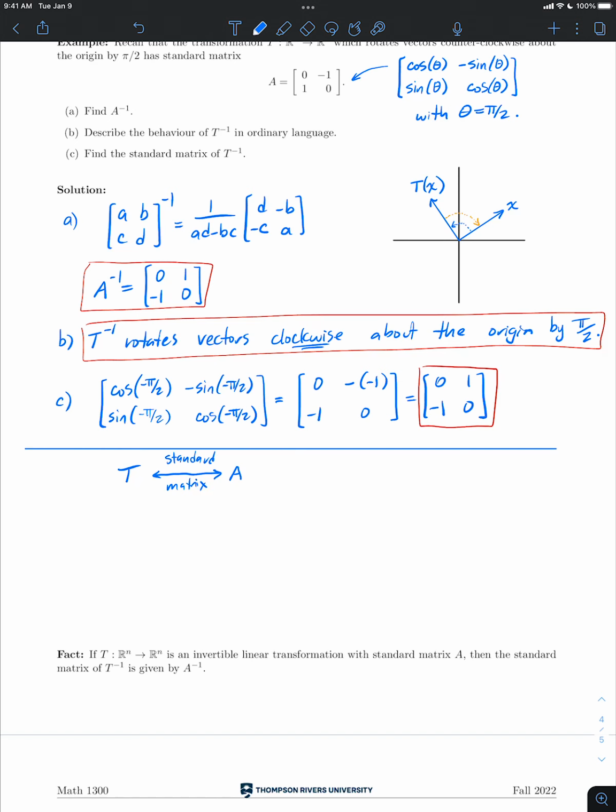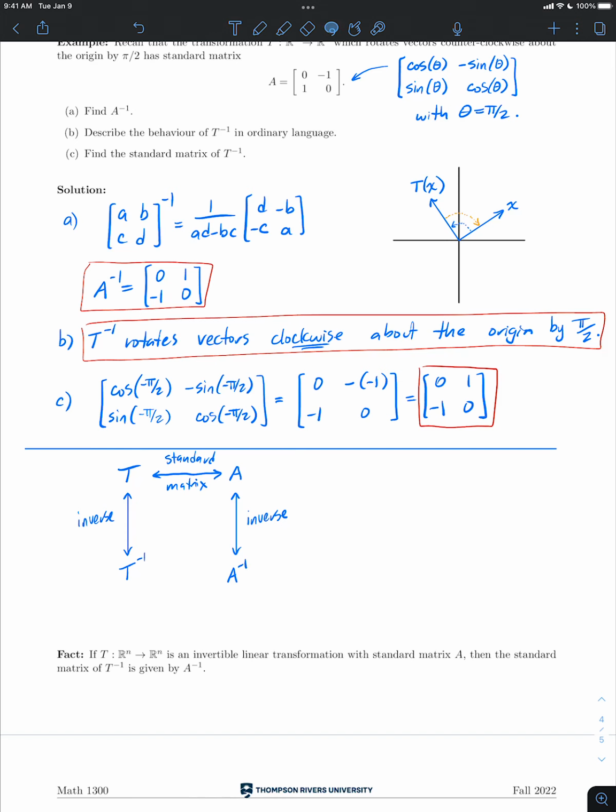And then this assumes you have an invertible transformation. So this is a transformation inverse that brings you to T inverse. Now, actually, this matrix A, we can also take its inverse. And then we'll get A inverse.